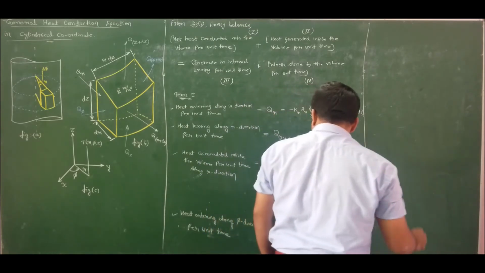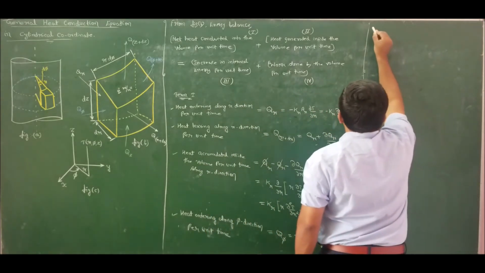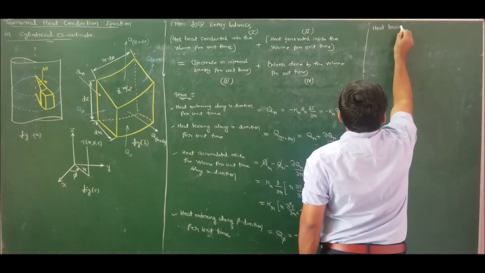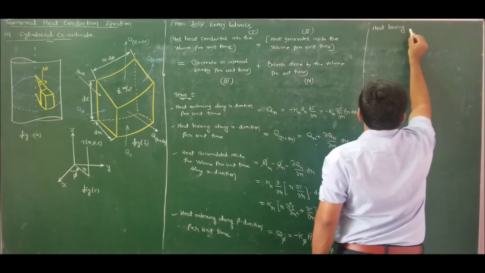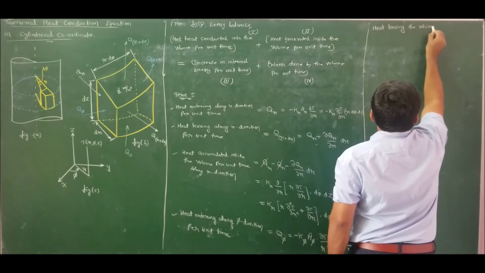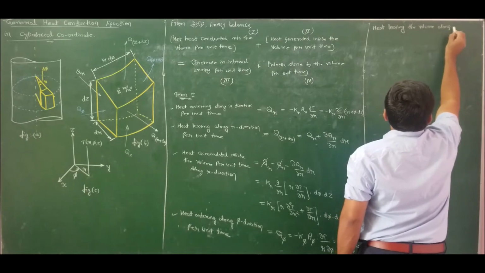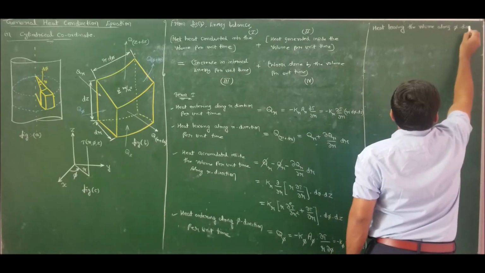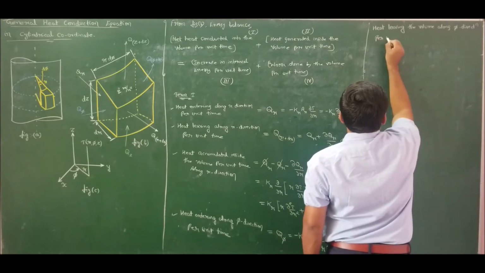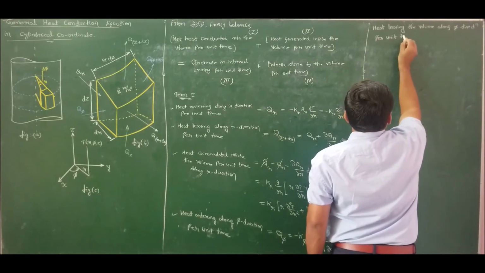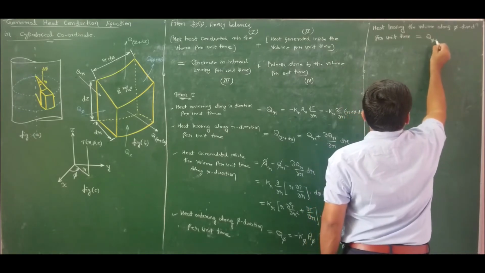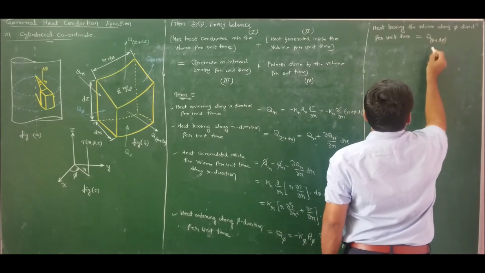Now moving ahead for heat leaving the volume along phi direction per unit time, which is already known to us, which is q phi plus d phi.